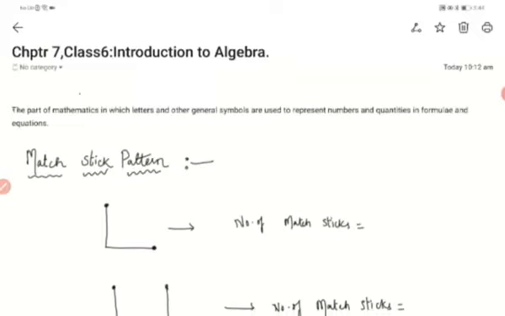So you know what, algebra is a branch of mathematics. It is one of the branches of mathematics. And the main feature of algebra is that you are going to use alphabets or letters, like A B C D till Z. Either you call it a letter or an alphabet.